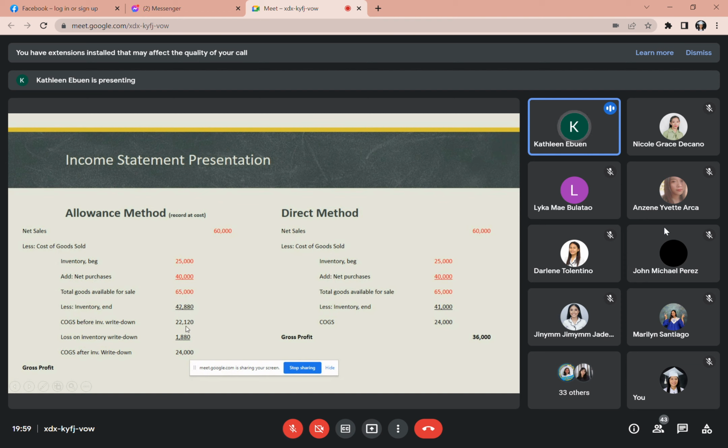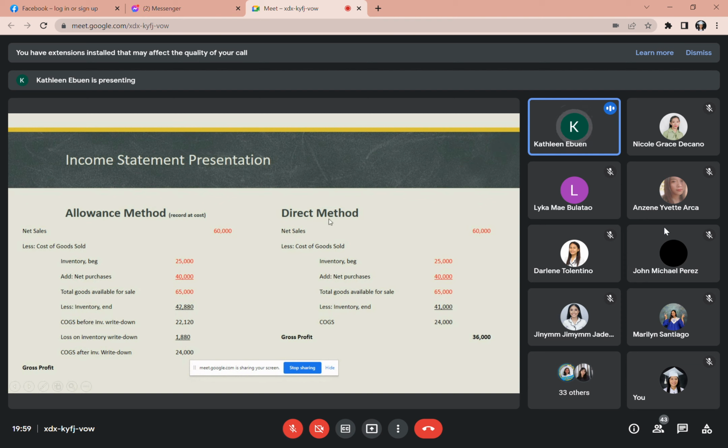The cost of goods sold is 22,120 before inventory write-down. And then yung loss on inventory write-down na na-record natin, isasama natin sa cost of goods sold. So 22,120 plus 1,880. Ang cost of goods sold natin after inventory write-down is 24,000. Okay, so therefore, ang gross profit natin ay 36,000.